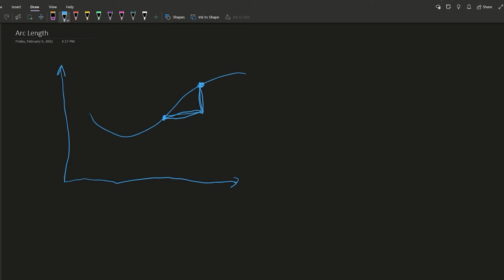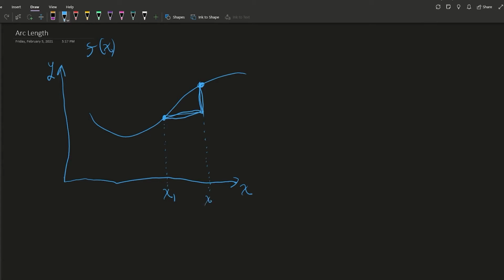So the approximation goes like this. Our function is f of x, right? So this is y and this is x here. If we choose some point, then we know that point is here, x1. And then if we choose a second point, we can choose those points arbitrarily, right?